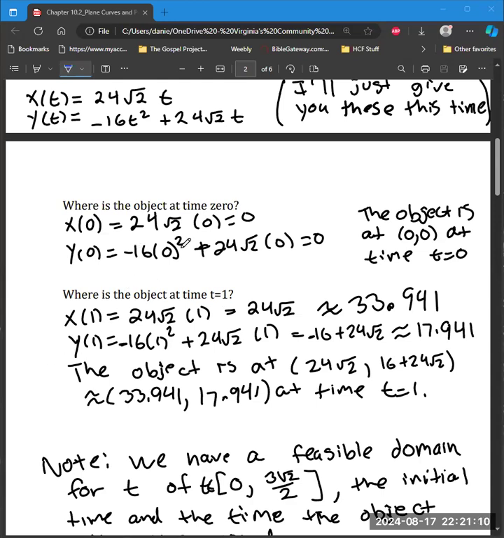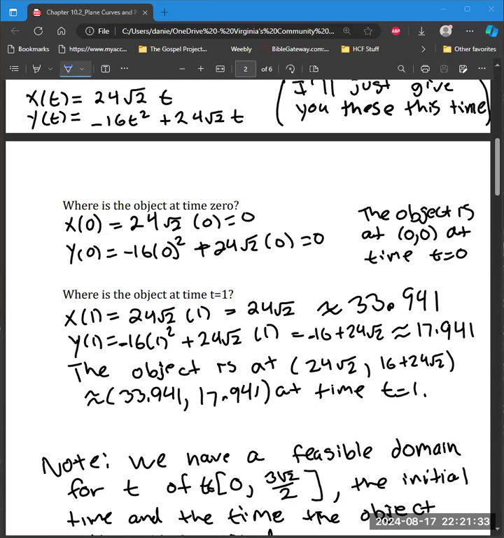If I stick 1 in here, this is going to be negative 16 times 1 squared, which is negative 16. 24 root 2 times 1 is 24 root 2. And I add them together, negative 16 plus 24 root 2 is going to give me 17.941.